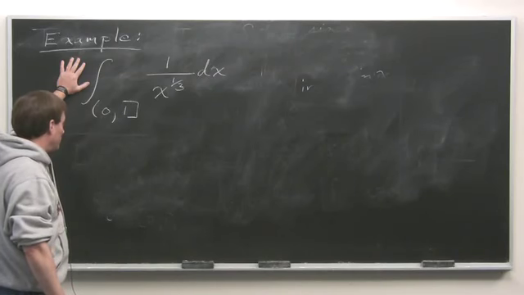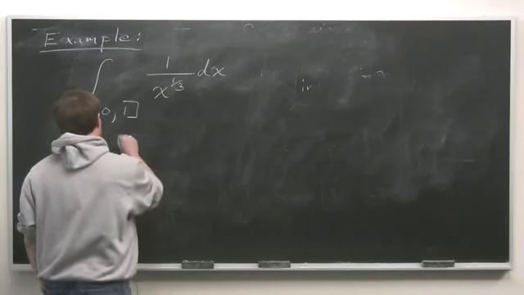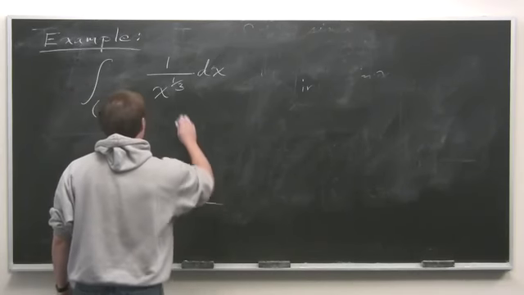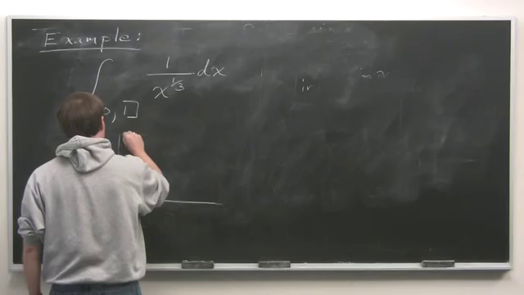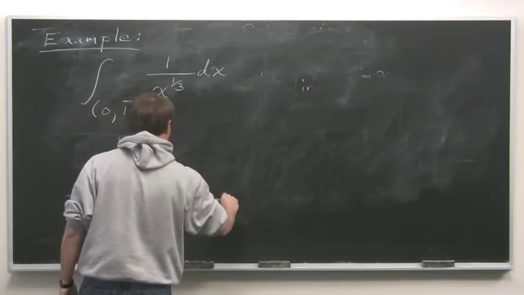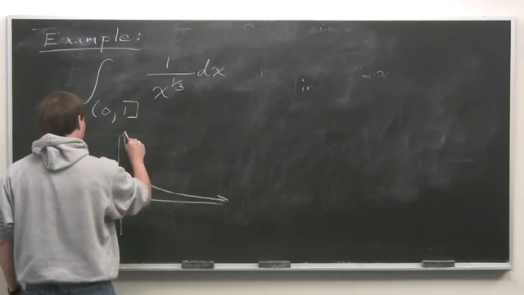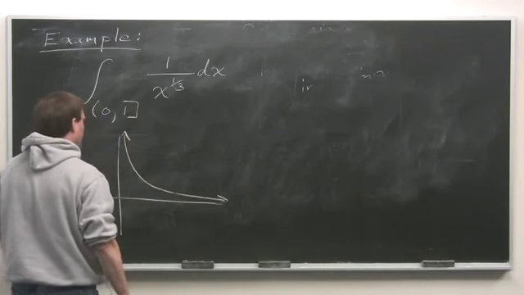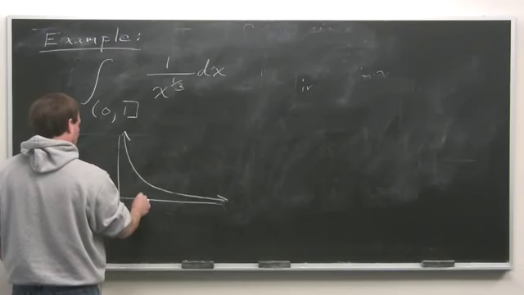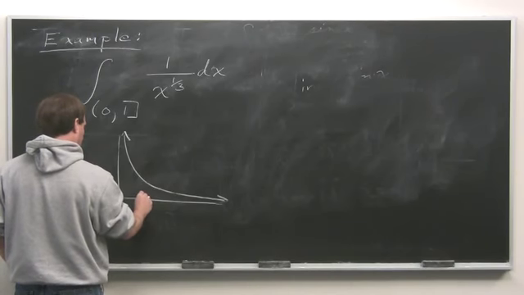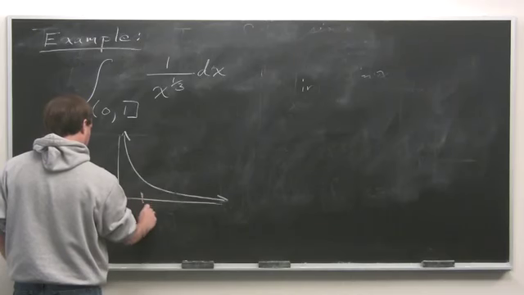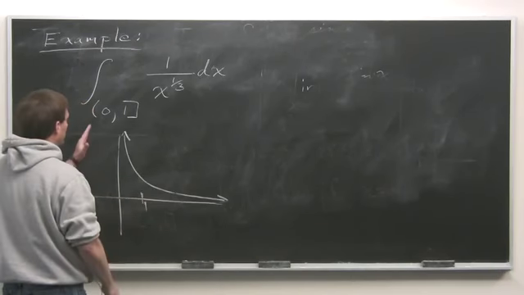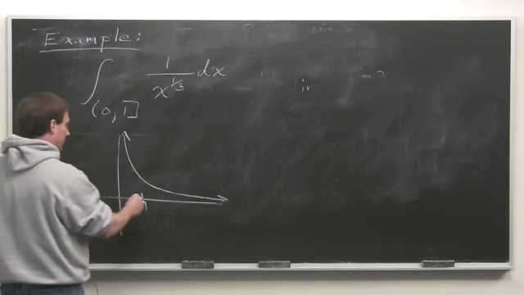And in terms of areas, again, you should think you take the graph of y equals 1 over the cube root of x, so roughly it looks like the graph of 1 over x. And we're trying to look at the area above (0, 1] where you don't include exactly 0.